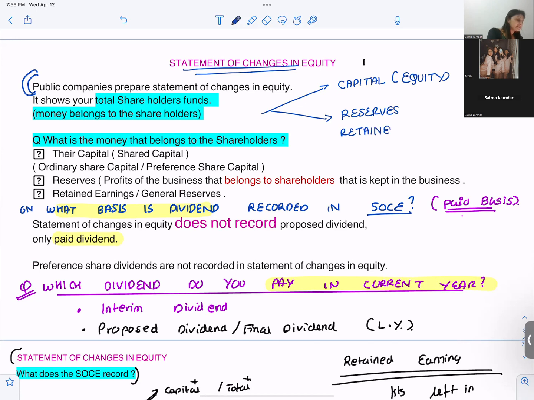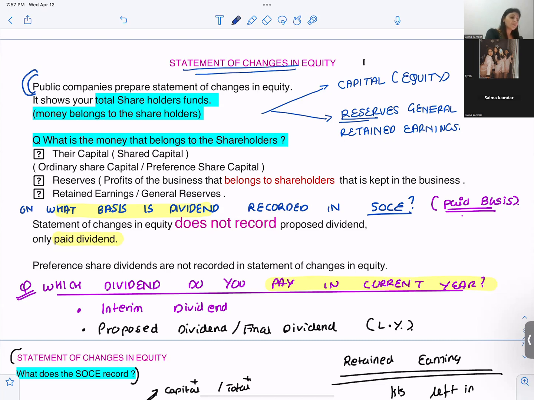In the retained earnings, you basically put all the profits that you have earned during the year. And in the reserves, you have your general reserves. What is the meaning of reserves? It's where the money is held. So basically, whenever you are earning profits, some part of the profits you take home, right?